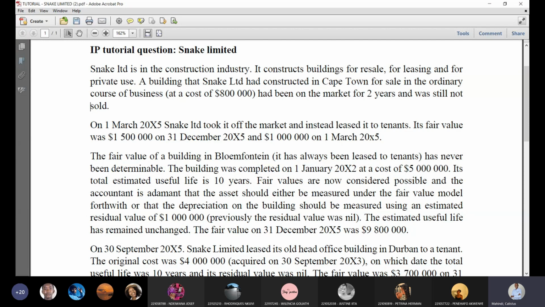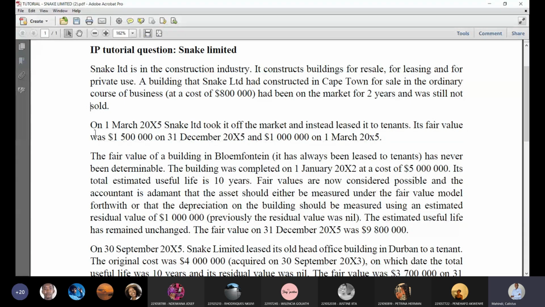So, a building that Snake Limited had constructed in Cape Town for sale in the ordinary course of business at a cost of 800,000 had been on the market for 2 years and was still not sold. How would you classify this building, the Cape Town building? Inventory, exactly, because it was constructed for the purpose of sale in the ordinary course of business.